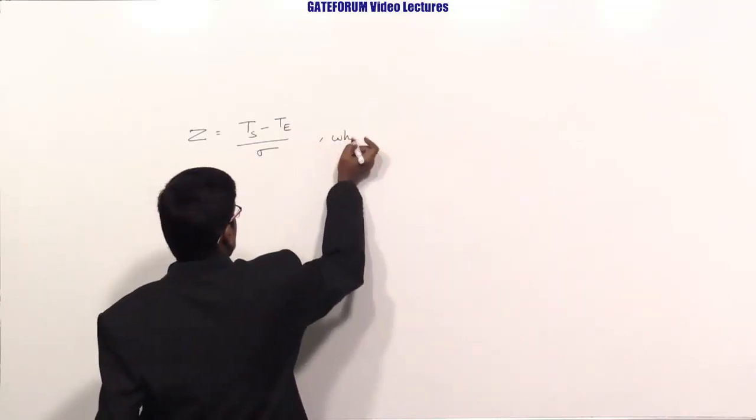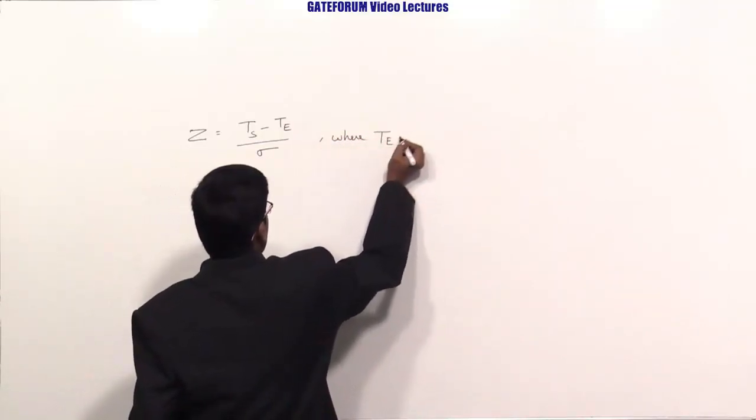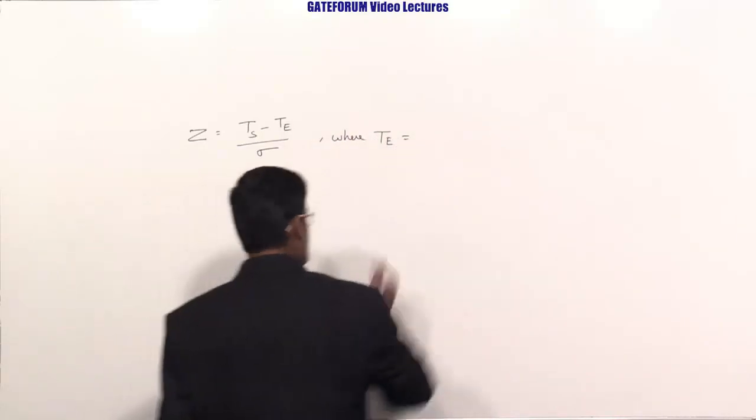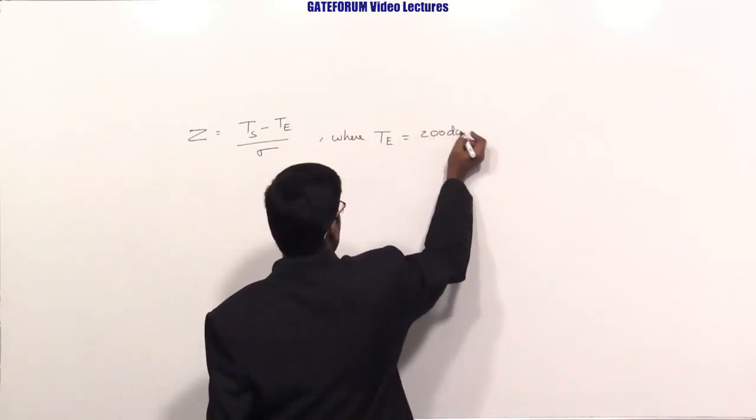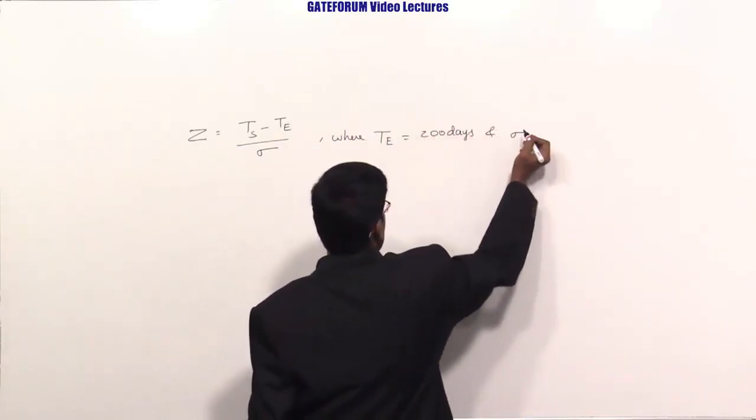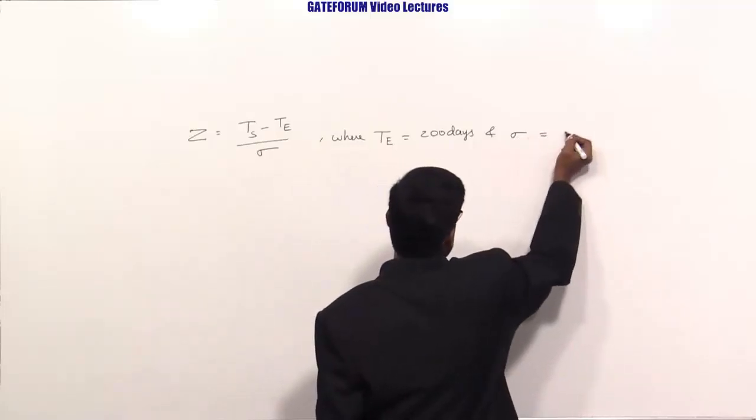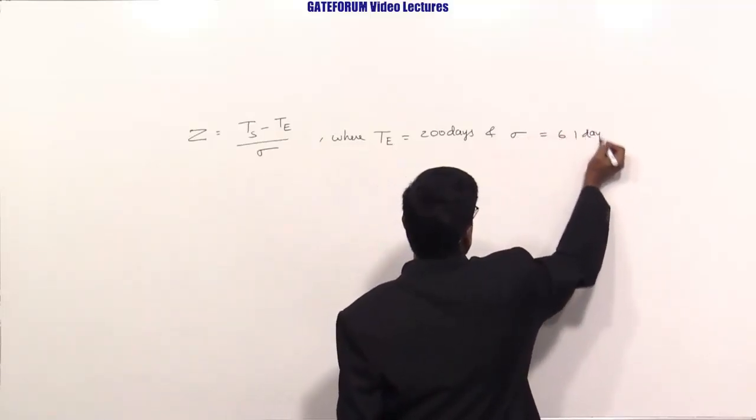TE is given, that is 200 days, and its population standard deviation is also given, 6.1 days.